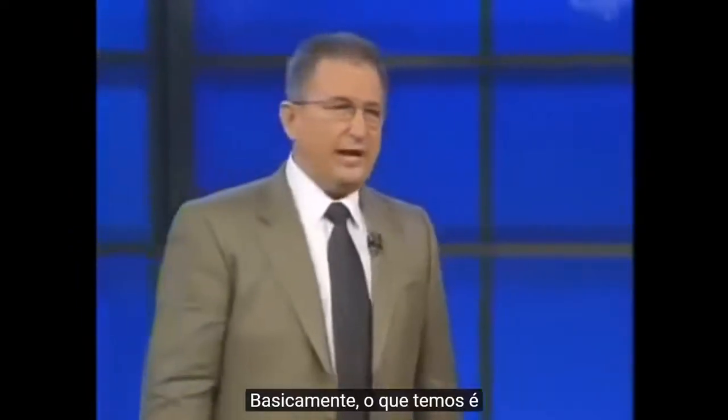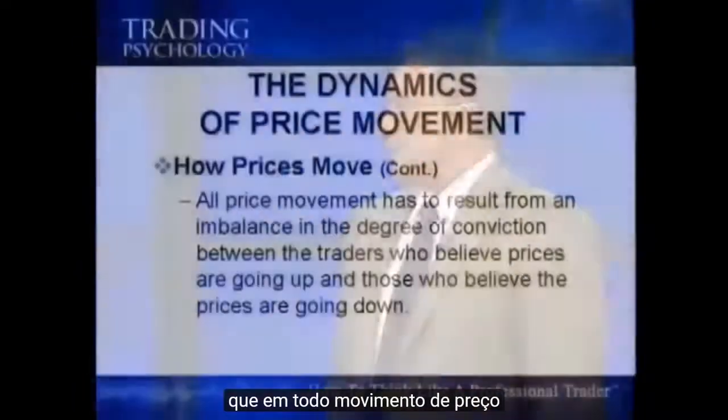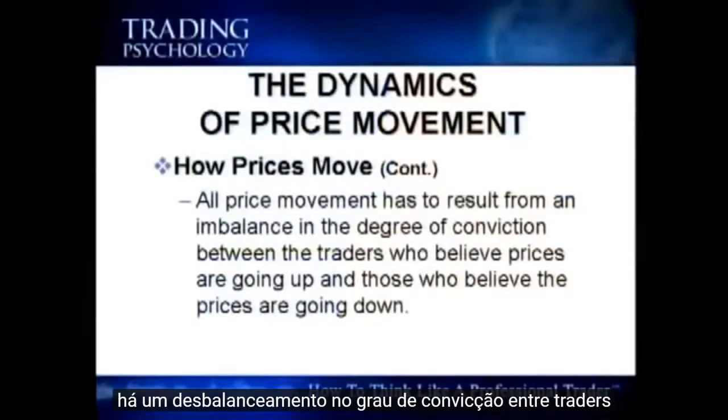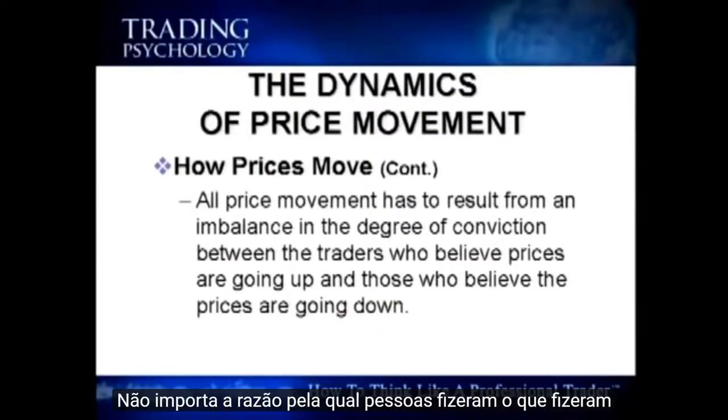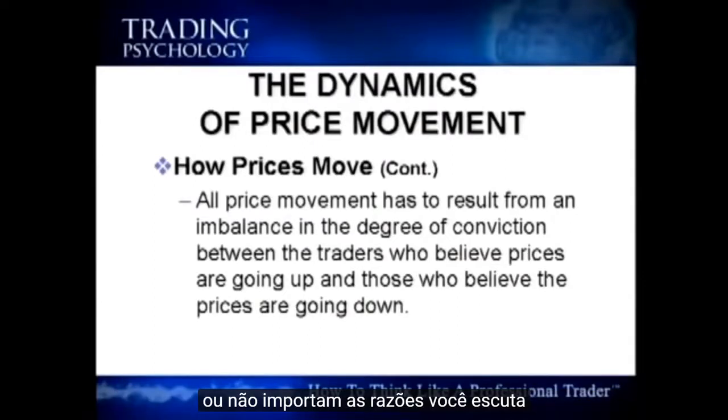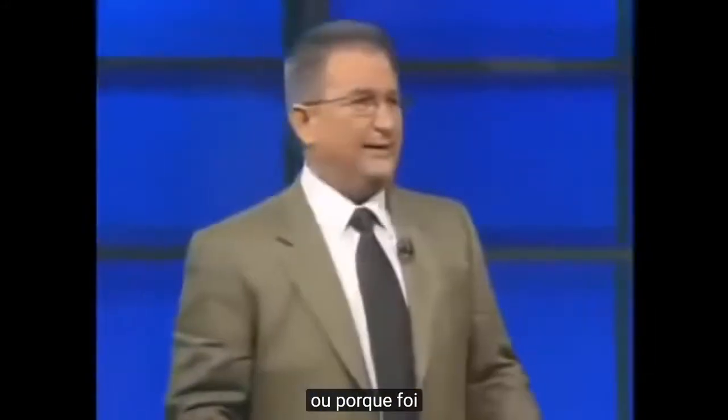So basically, all price movement has to be a result of an imbalance in the degree of conviction between the traders who believe that prices are going up and those who believe that it's going down. That is the only way that prices move. It doesn't matter what the reasons are that people tell you about why they did what they did, or what reasons you hear on CNBC or wherever about where the market is and why it went the way that it went.